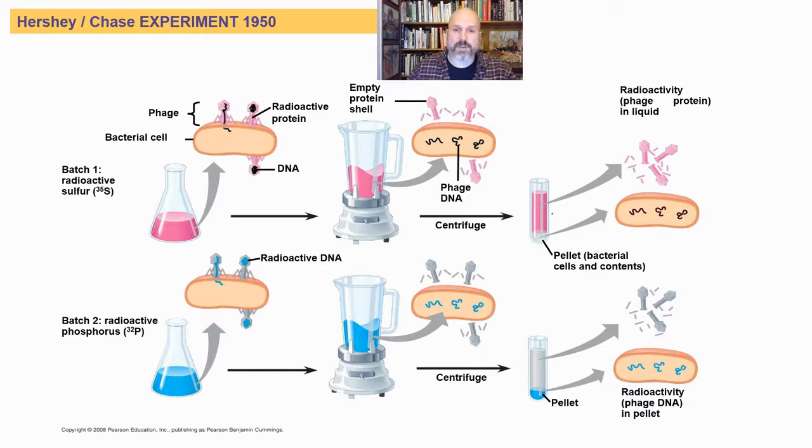That after the experiment was over, there was no radioactive protein inside the bacteria, meaning that all of the radio-labeled protein had been washed away. There was no transfer of heritable material from one generation to the next.